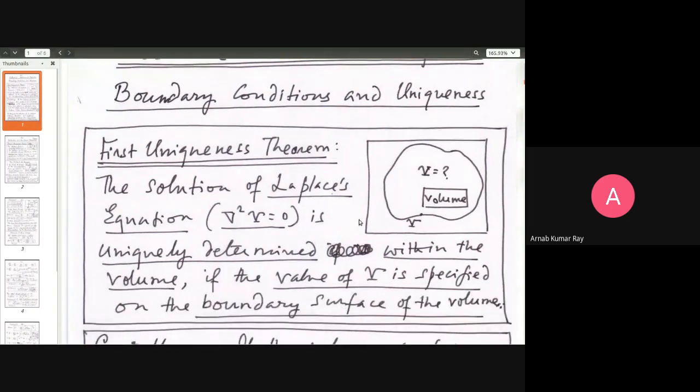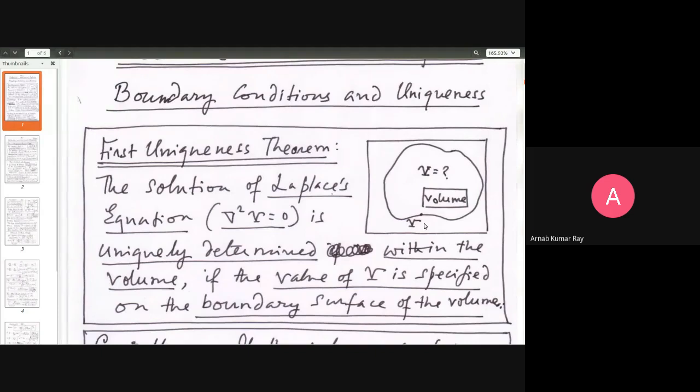Here we have a situation where there's a volume. A volume always ends in a surface. I hope you are aware of that simple geometrical fact, and this is something that we have discussed quite a lot in the context of Gauss's law. The boundary of a volume is the surface.